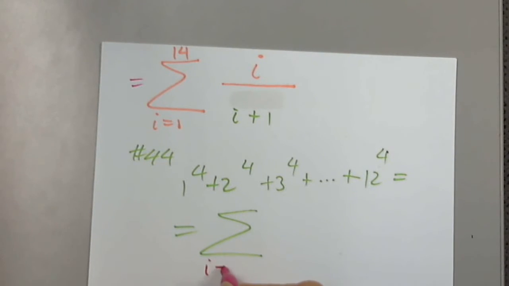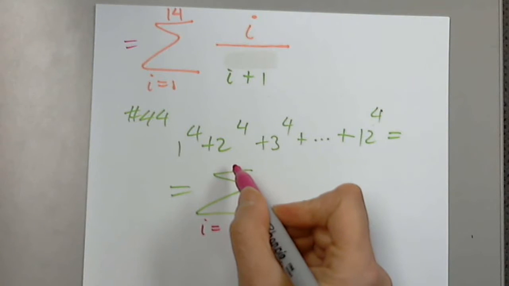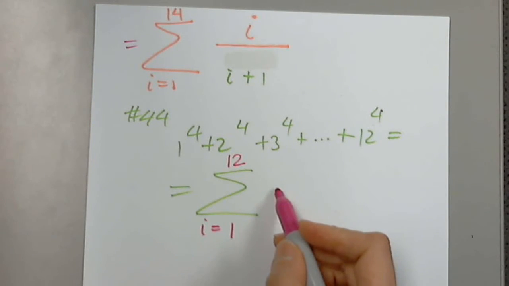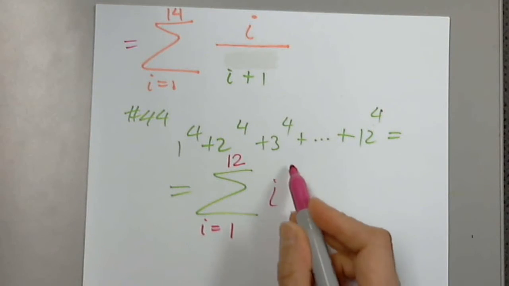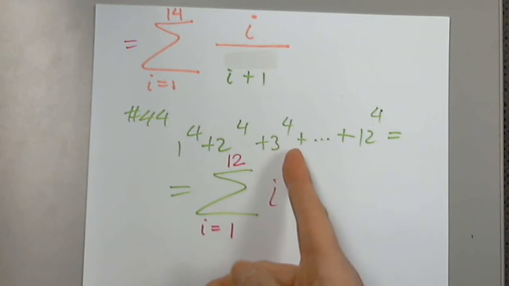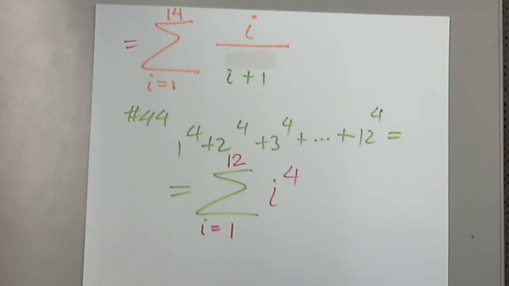So I have i equals to what? Good. From i to the 4th, indeed. Let's check. When i is 1, I have 1 to the 4th, plus when i is 2, I have 2 to the 4th, plus when i is 3, I have 3 to the 4th, plus when i is 12, I have 12 to the 4th. Good?